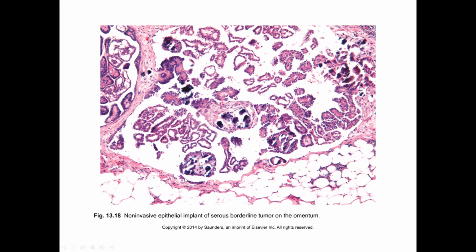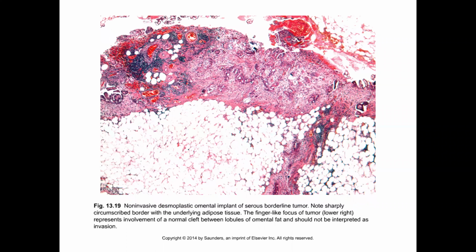Here's another example of a non-invasive implant. Here in the omentum, you see no response. It's just tumor cells floating in the interstices between the fatty lobules, areas of psammoma body change here, and no reaction. Here's a desmoplastic implant, but one that you would classify as non-invasive.